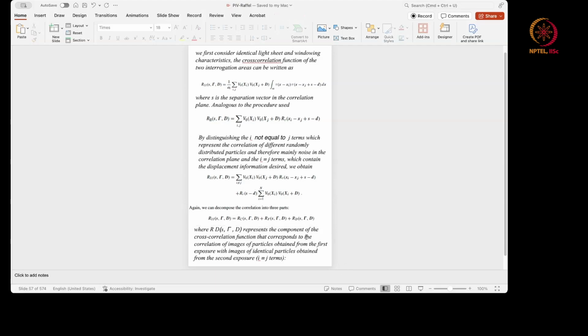So Rd is the term which represents the component of the cross correlation function that corresponds to the correlation of the images obtained from the first exposure with identical images of the particle obtained from the second exposure, with I equal to j terms. So this is the cross correlation method.